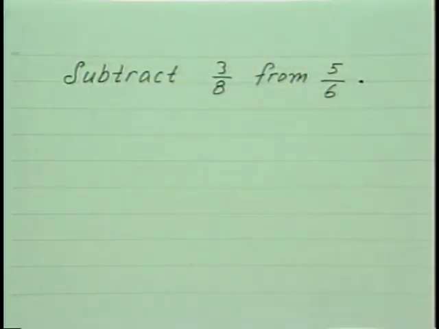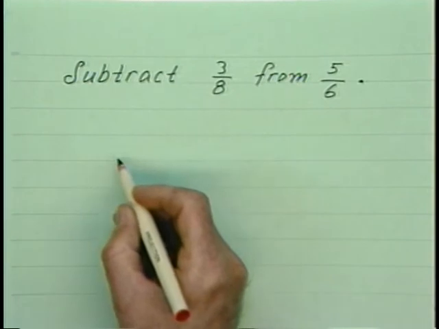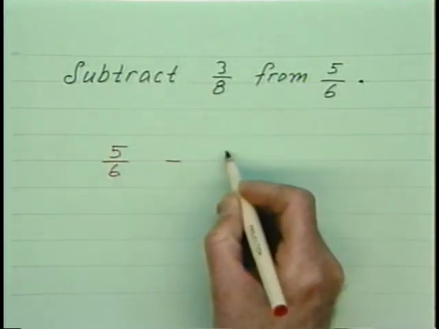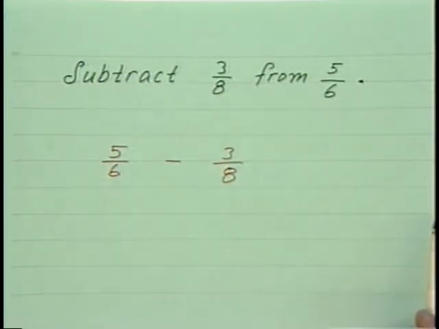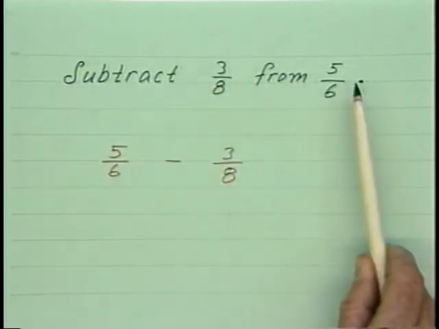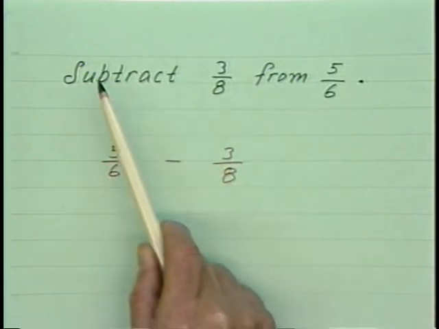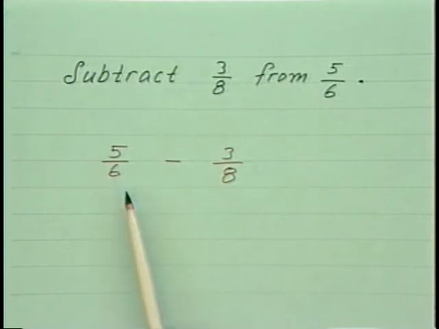If we have the phrase subtract 3/8 from 5/6, it's fairly clear to most people that what we're asking here is 5/6 subtract 3/8. It doesn't confuse us that 3/8 is written first in the word statement and written second in the math statement, because it's saying subtract from. So here I have to subtract from the number in front.